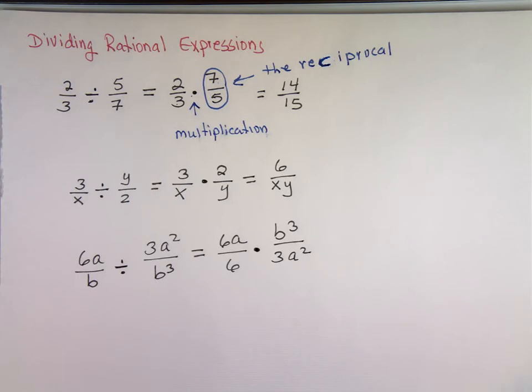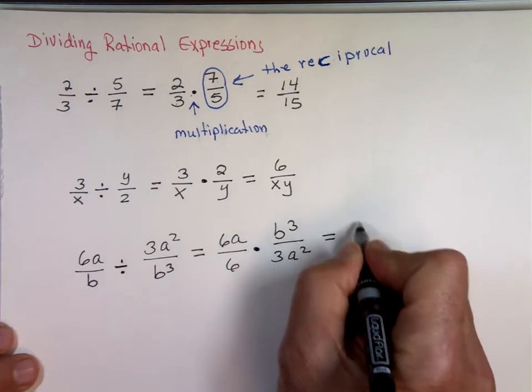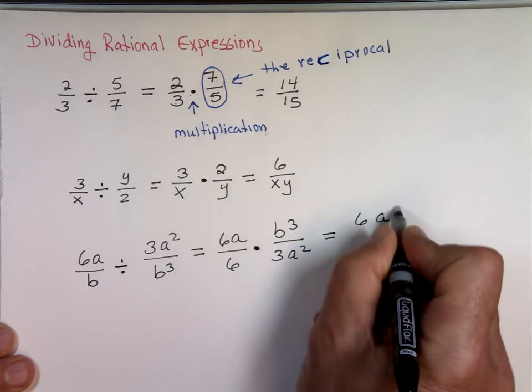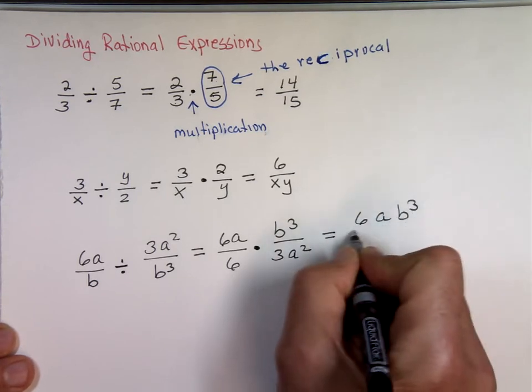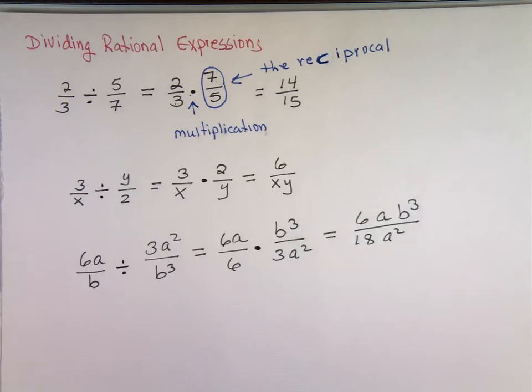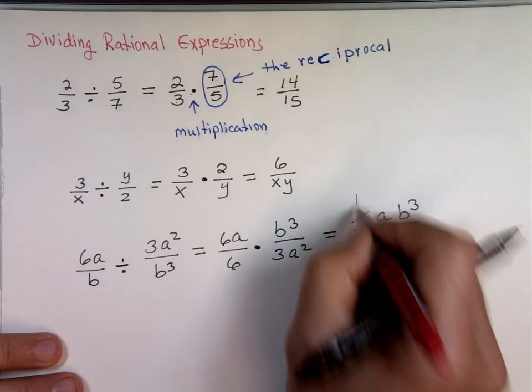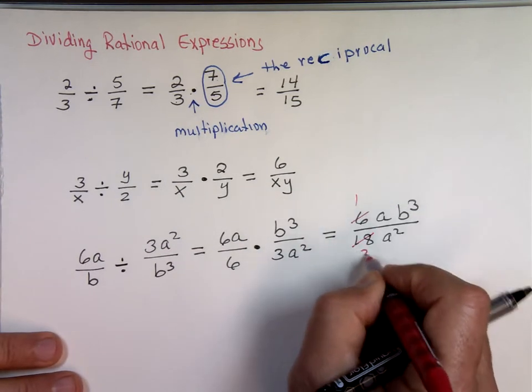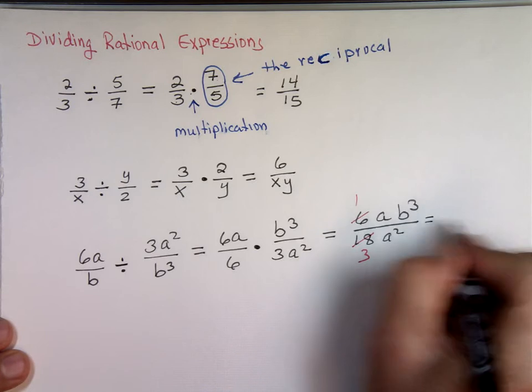So if you want to multiply it first and simplify, that's fine. Here we go. By 6, this is 1. By 6, this is what? 3. So my answer is going to be, I don't need the 1, there's the 3.